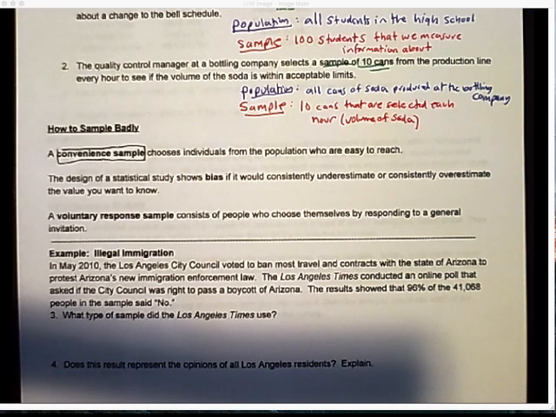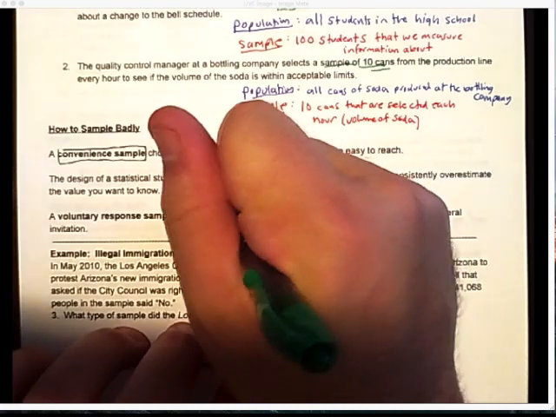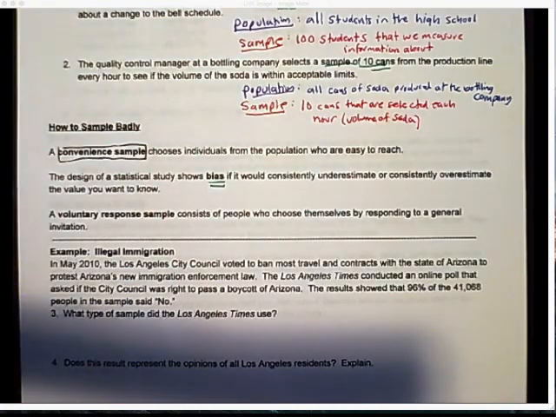Now this other term, there's another term called bias. All right, the design of a statistical study shows bias if it would consistently underestimate or consistently overestimate the value you want to know.